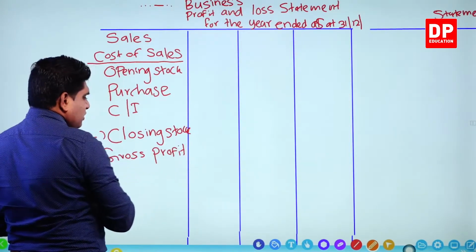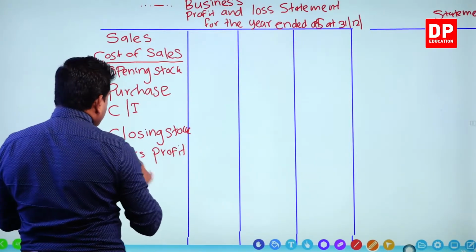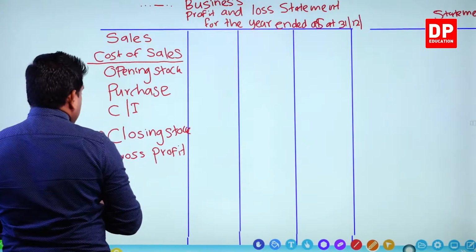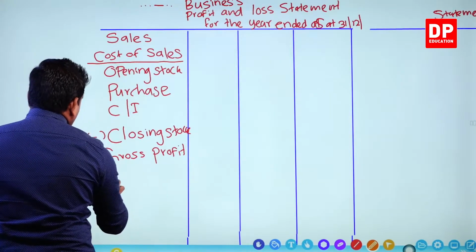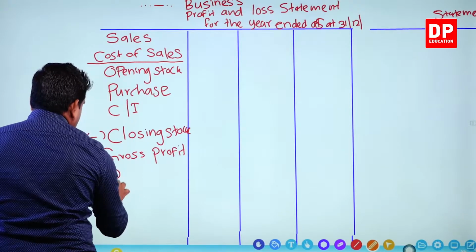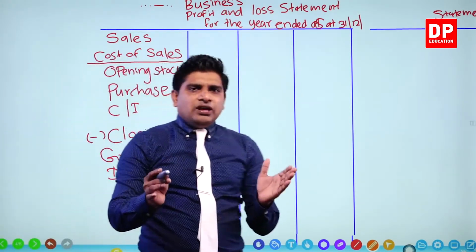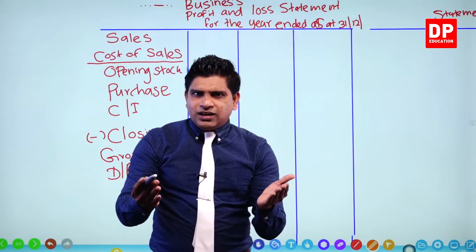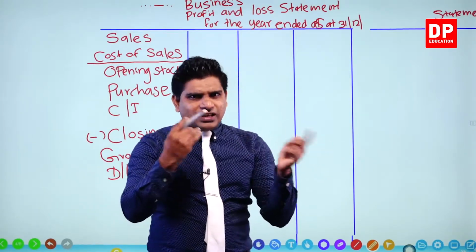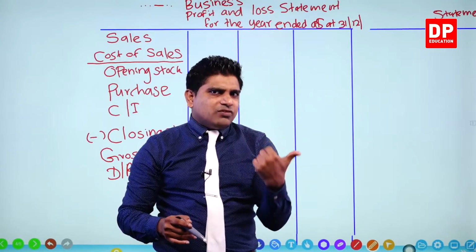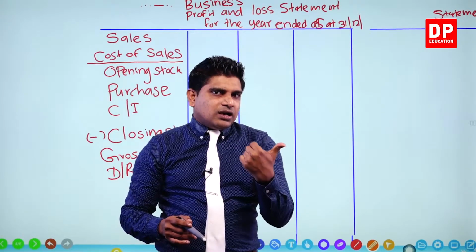Under the gross profit, you remember there were two incomes. One is discount received. There's another one. Actually, I forget it, so when we do the question, we can consider, but I remember there was one other income.